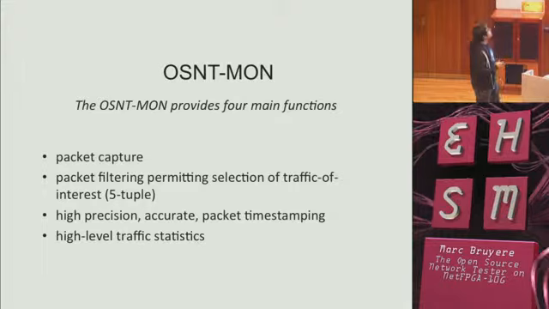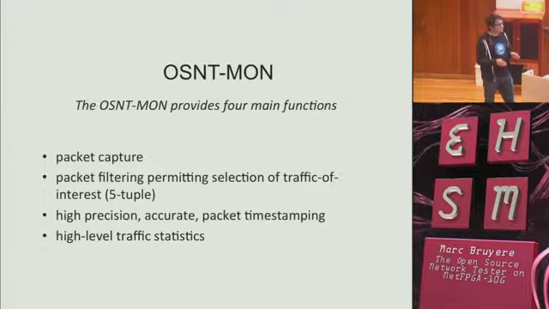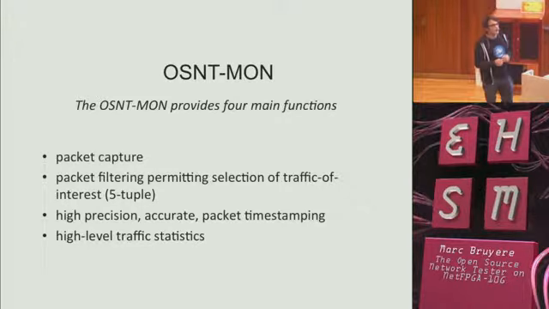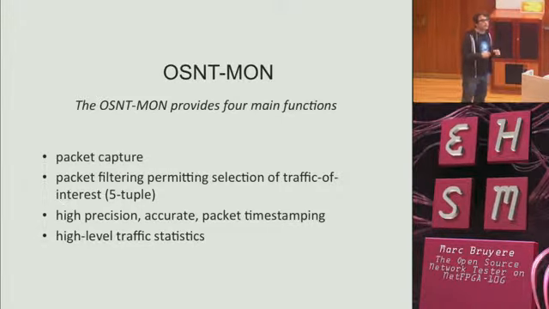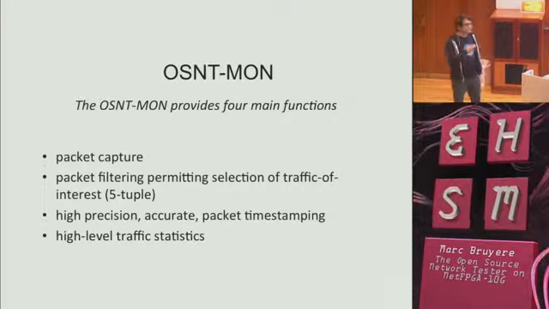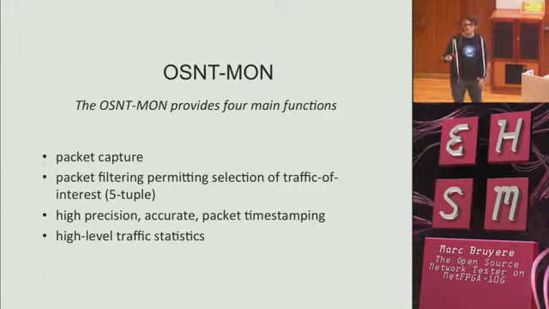Then on the monitoring part, the goal is to be able to capture as much as possible on the port. Then we can choose by filter rules. We have the classical 5 tuples: source and destination MAC address, IP, and the UDP or TCP port.